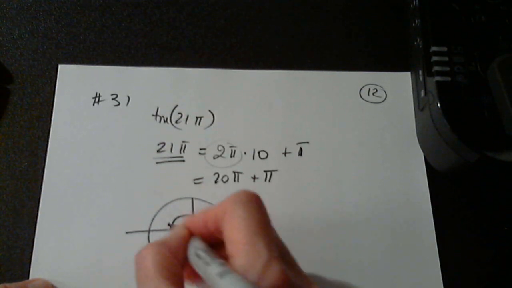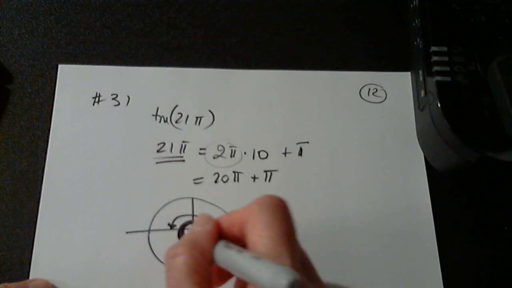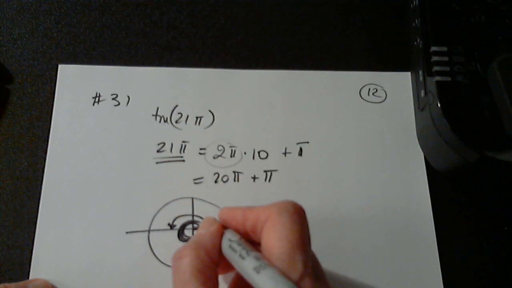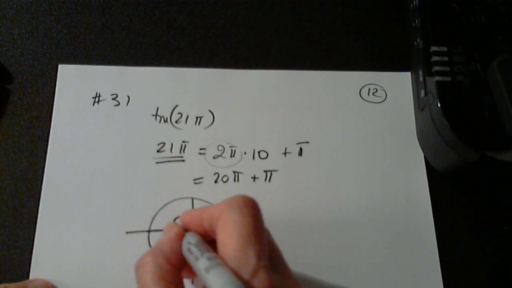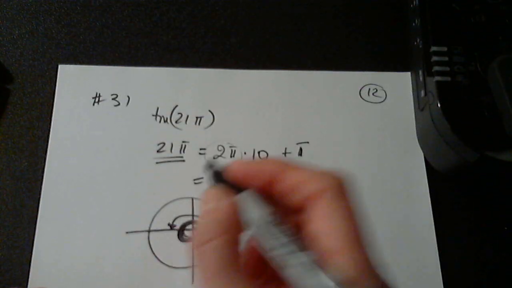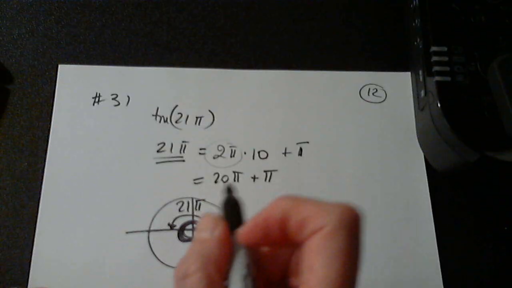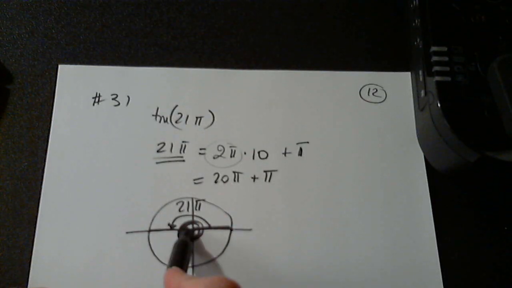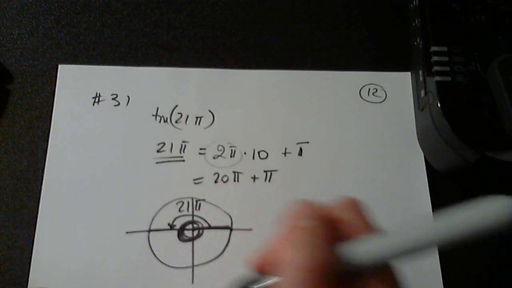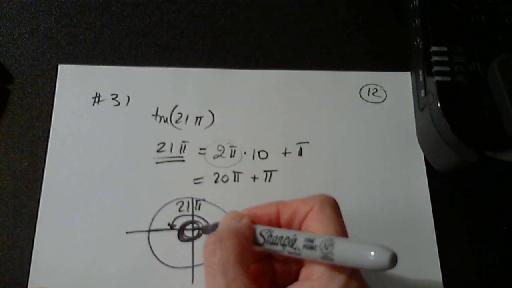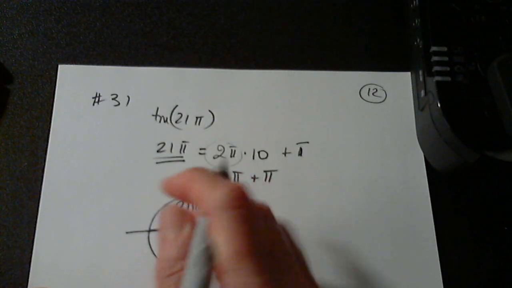Ten times around the circle, but it still starts here and ends here. So this is the full angle, the 21 pi. That's the terminal side.